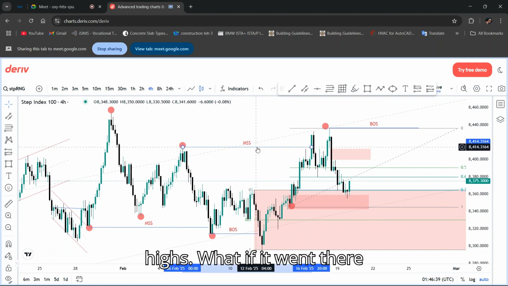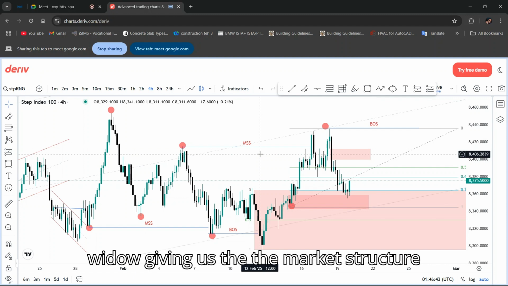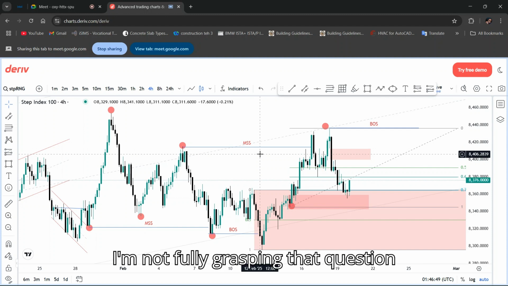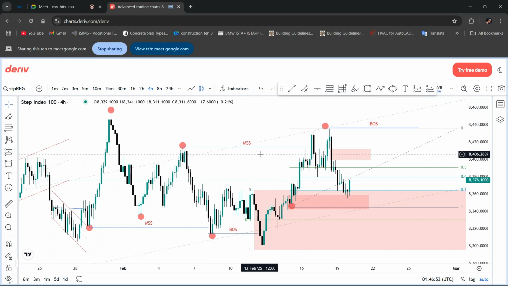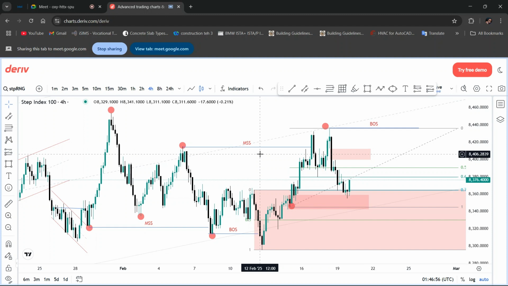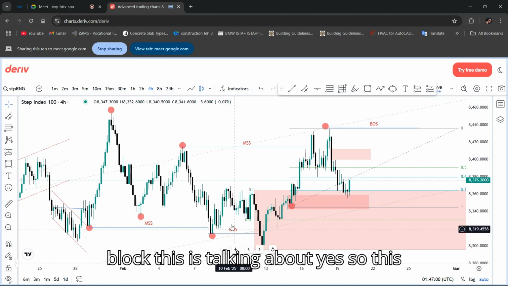What if it went there and then went lower without giving us the market structure shift to the topside? I'm not fully grasping that question. All right, you have the break of structure in the middle, right where you have, what was that again? This 24-hour order block. Yes, you're talking about this.